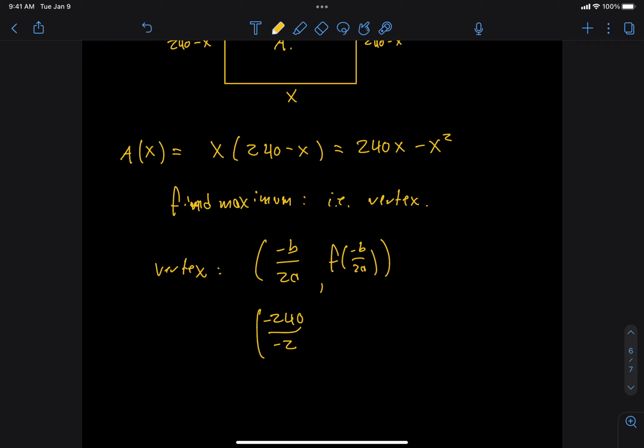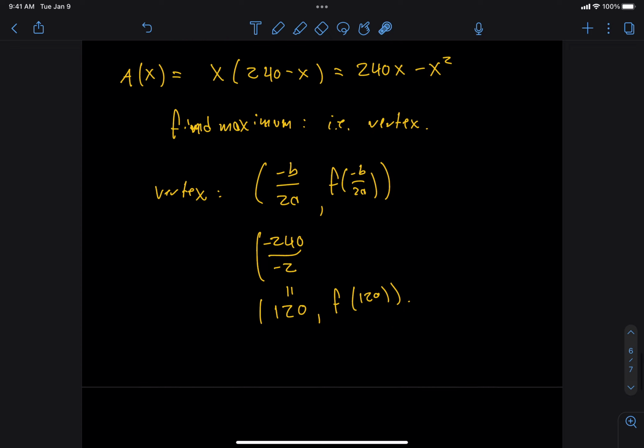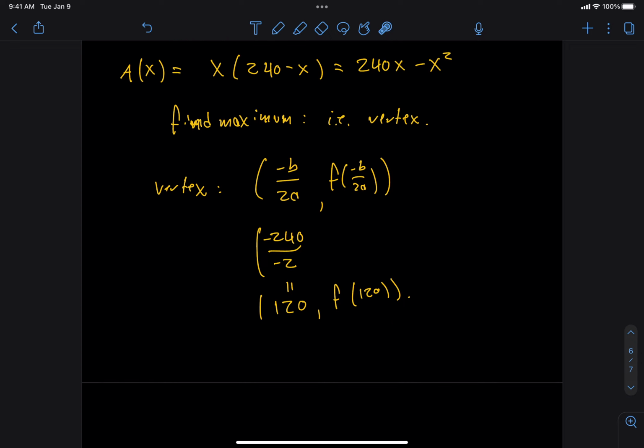What would I get if I did that? I'd get 120. So I need 120, and then the y-coordinate will be f of 120, whatever I get when I plug that in.